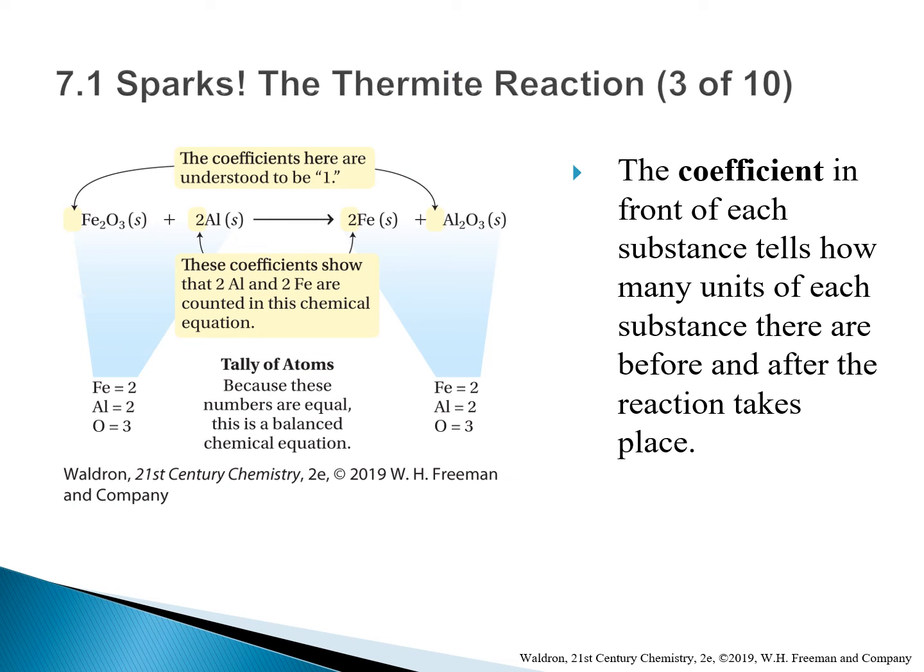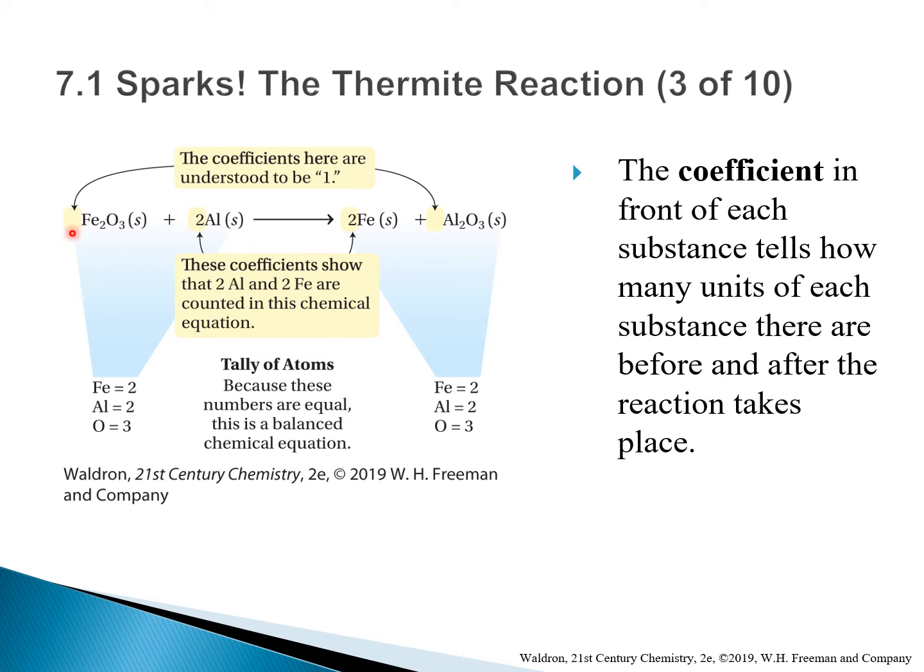The coefficient in front of each substance tells how many units of each substance there are before and after the reaction takes place. The 2 in front of aluminum and in front of iron indicate the numbers of atoms present before and after the reaction.